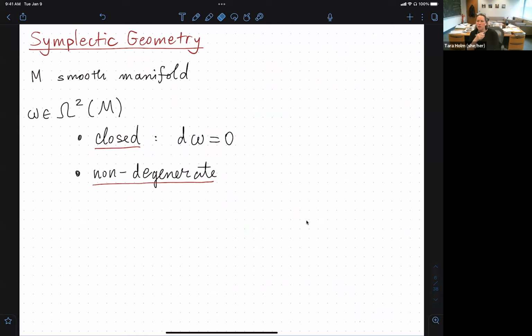Okay, so the starting point is a symplectic manifold. So we have a smooth manifold together with a closed and non-degenerate two-form.